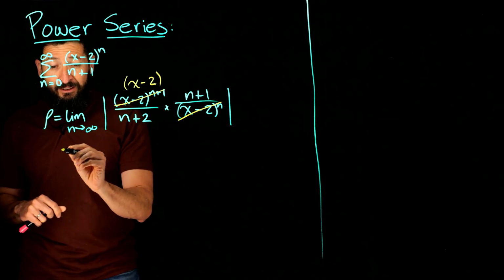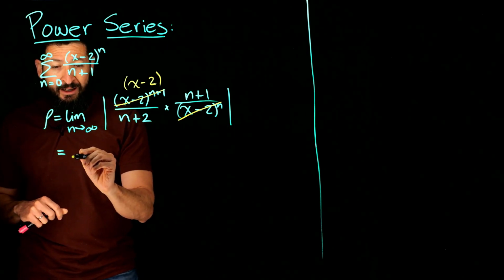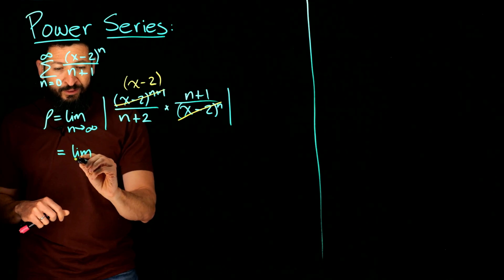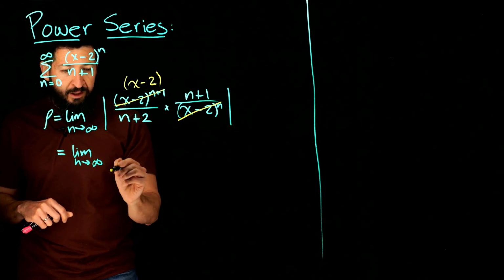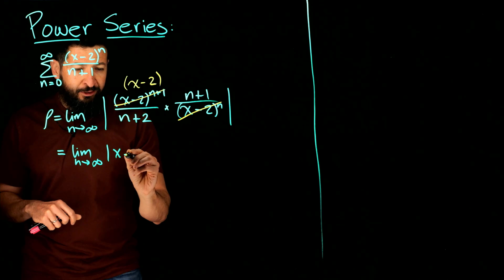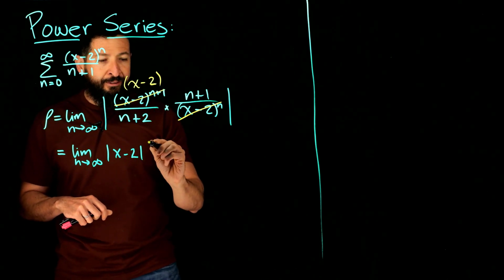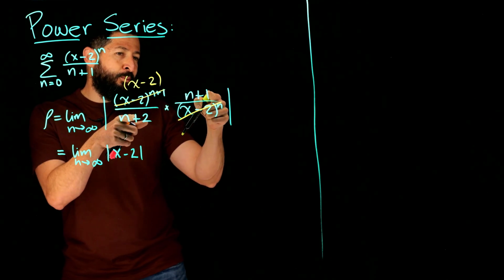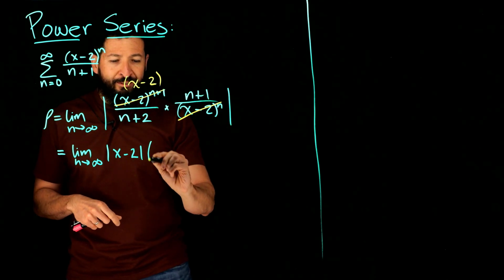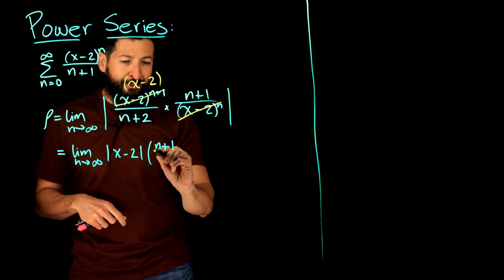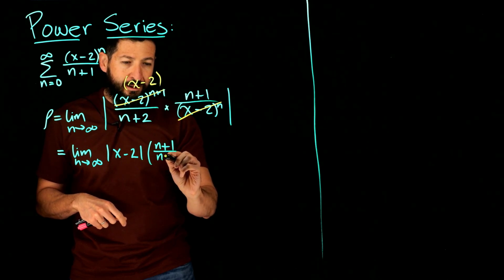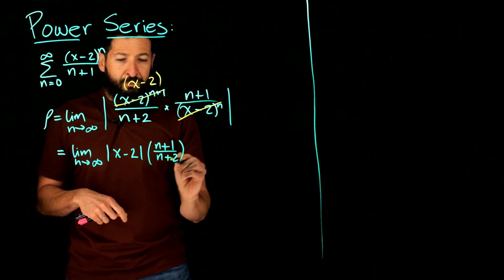So what that's going to do is you're going to have that the limit as n goes to infinity of the absolute value of x minus 2, you see I pulled this out of the absolute value, times, now n plus 1 and n plus 2 are positive, so I don't really have to put the absolute value, is going to be your rho.